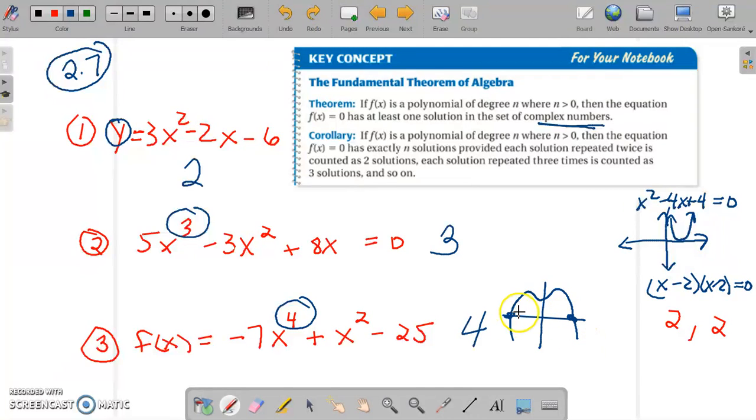But it's a 4th degree polynomial, so it has to have 4 solutions in the set of complex numbers. So you've got 2 real solutions, and the other 2 solutions have to be imaginary. This is how you can tell by looking at the polynomial how many zeros you should have if you were to set these functions equal to 0.